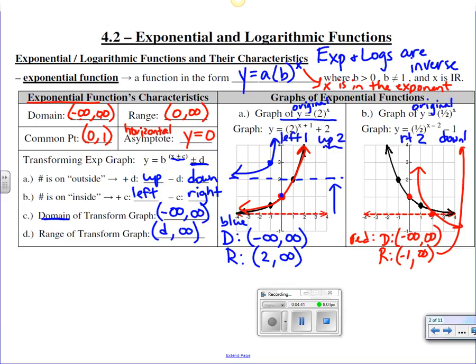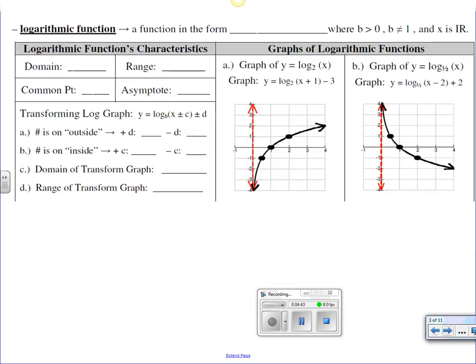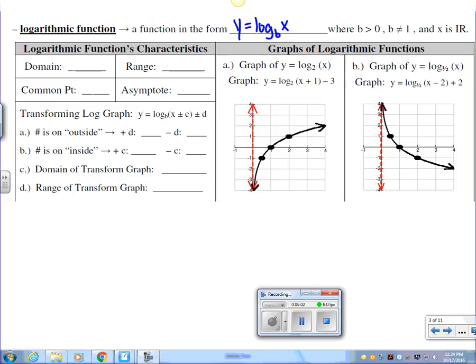All right, so the next function we're doing today is logs. That is y equals log base b of x.